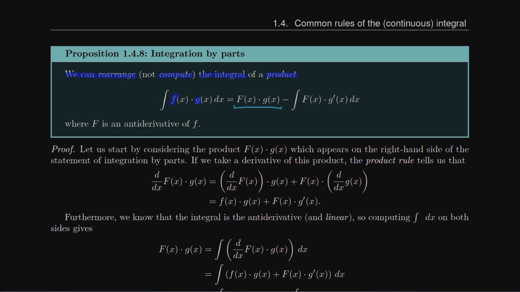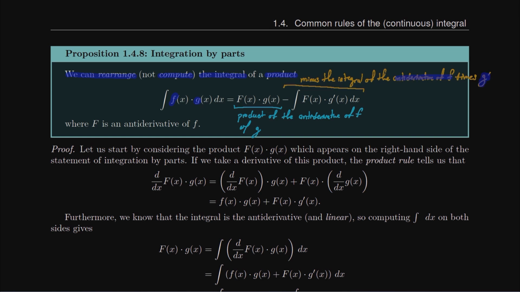I end up with a product of the antiderivative of f with g as the first term, and then minus the integral of the antiderivative of f times g prime. So it's an antiderivative of f, but a derivative of g.